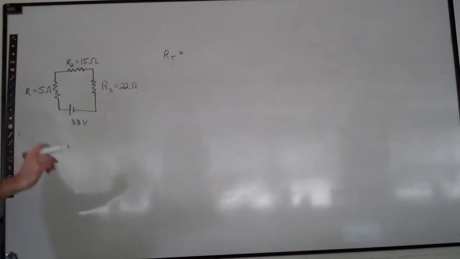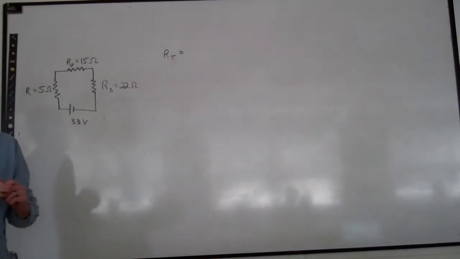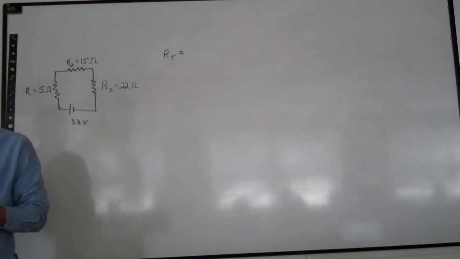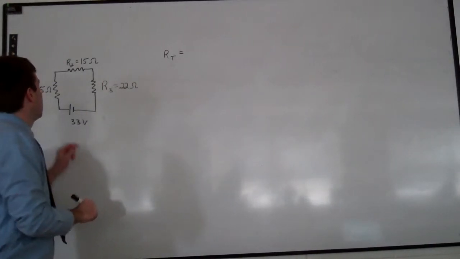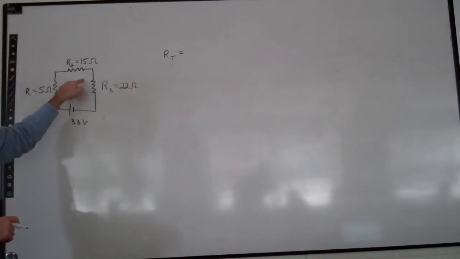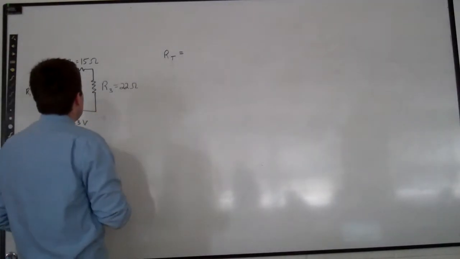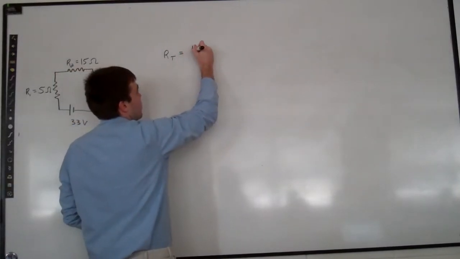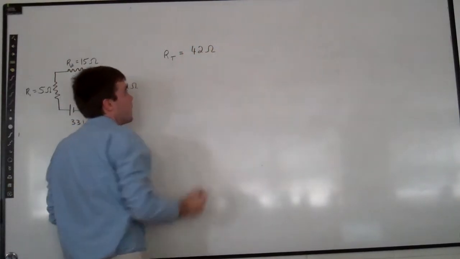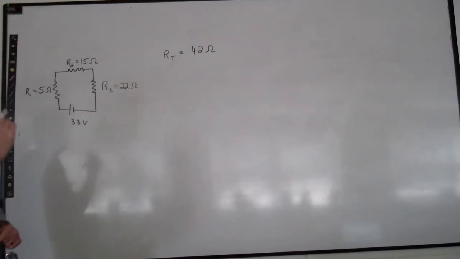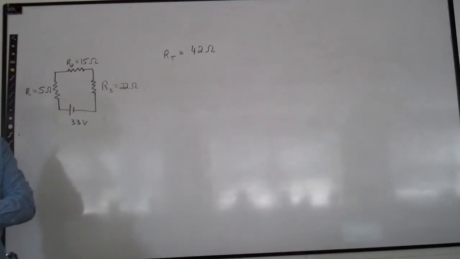Okay. So, how do we find, is this series or parallel, first of all? Series. So what do we do to find the total resistance? Add them up. So it's going to be 5 plus 15 plus 22. What's that equal? 42 ohms. How do we find the current in this circuit?